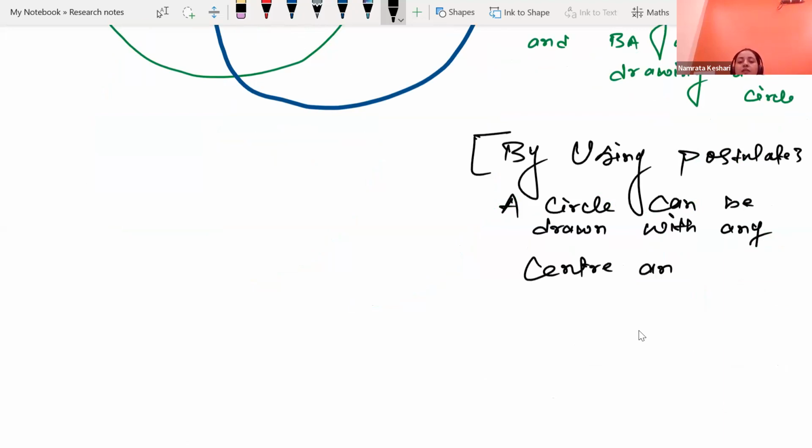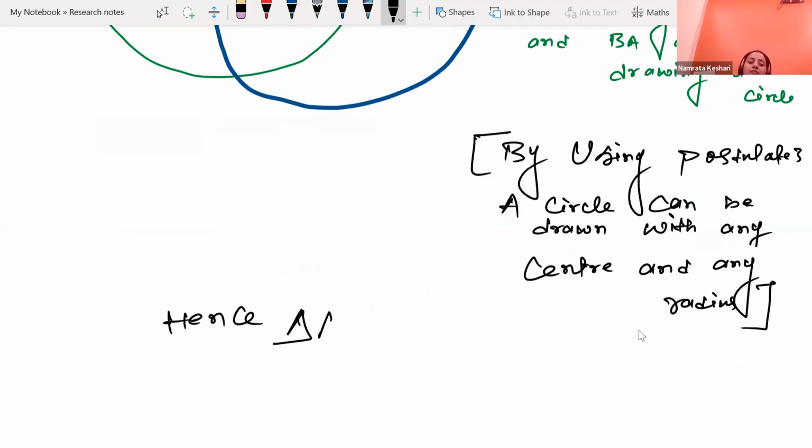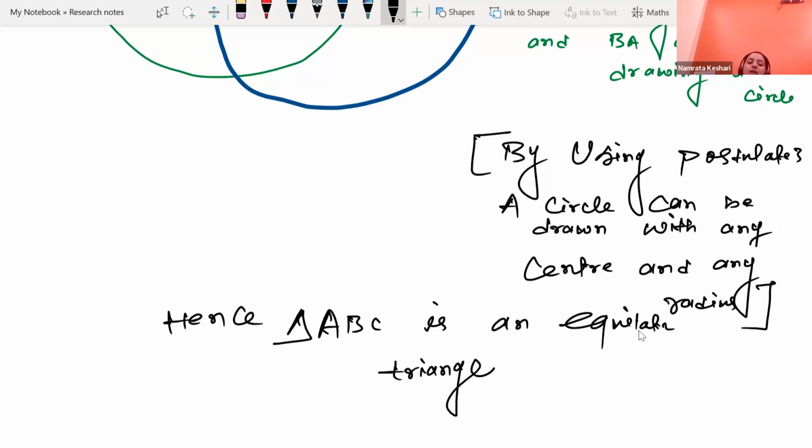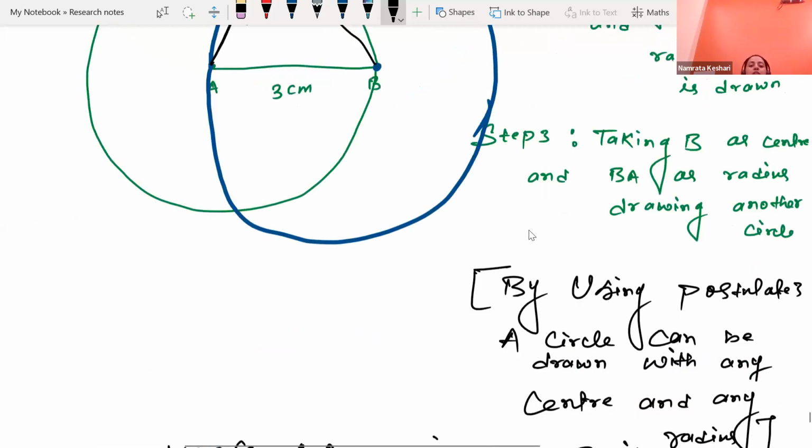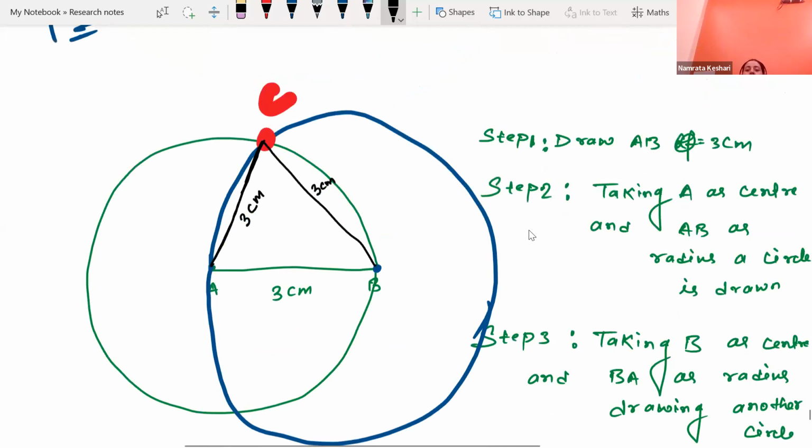Hence, triangle ABC is an equilateral triangle. Okay, and we are done. This is how we need to prove it by doing the construction. Got it?